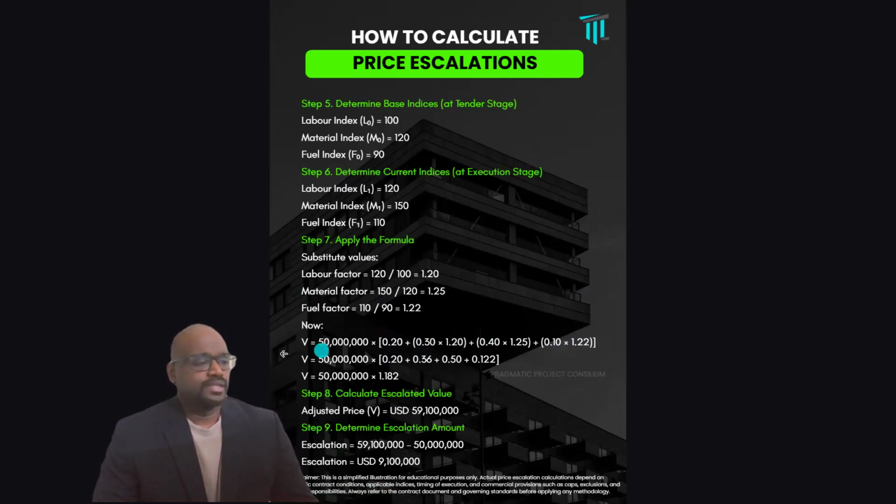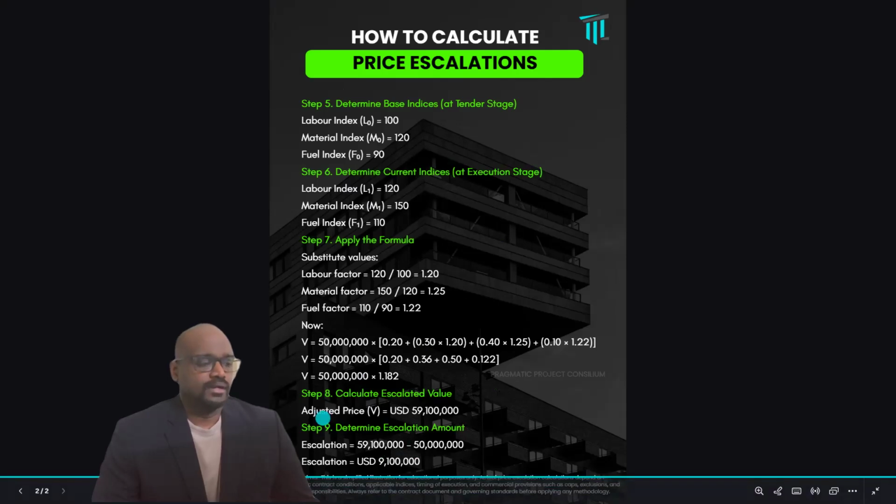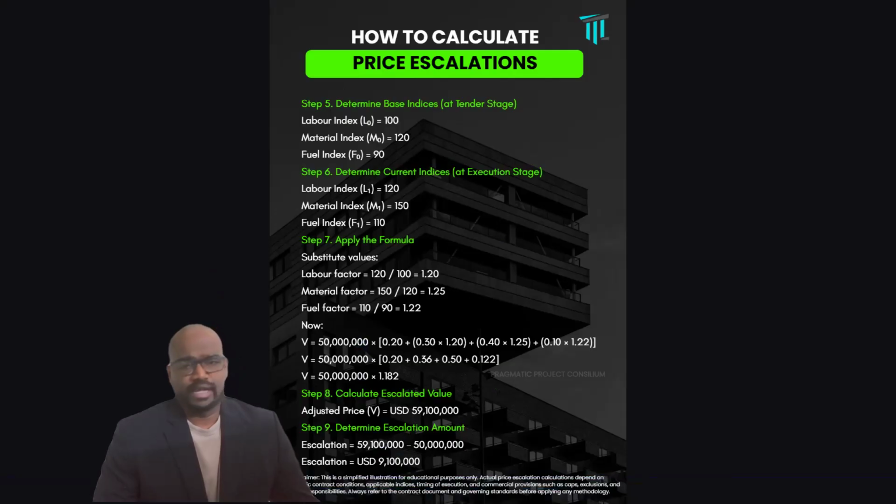On calculation, the variable structure has increased 1.182 times, and the contract value will increase 1.182 times, so the 50 million project becomes 59 million. So the escalation cost is 9.1 million. This is how we calculate the price escalation cost.